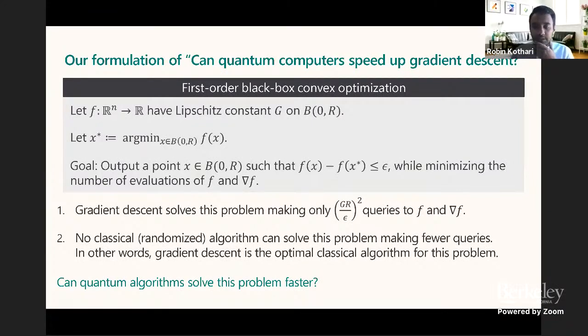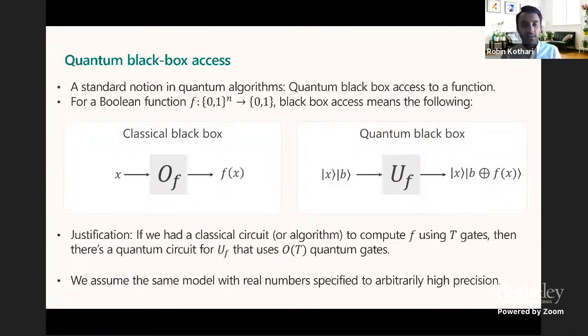Right, that's the question. And there's one last thing that has to be done to make this question formal quantumly, which is I have to tell you how quantum algorithms have access to f and grad f. Now, fortunately, since this is a quantum workshop, I think most people know what's going to happen over here. It's just the usual thing. You take some classical black box, you make it quantum by making it reversible and unitary. Traditionally, it's done in the setting of Boolean functions.